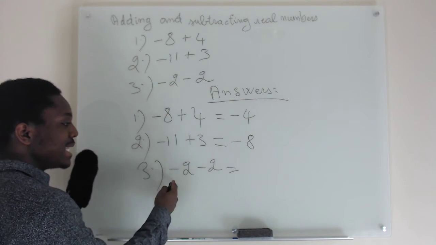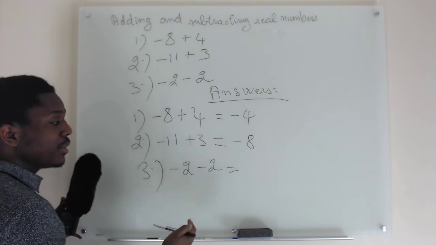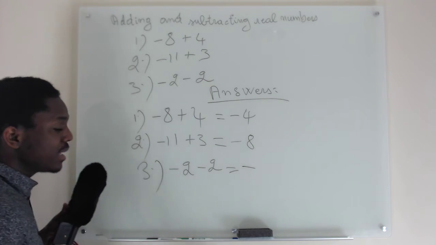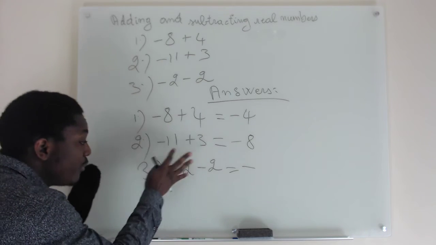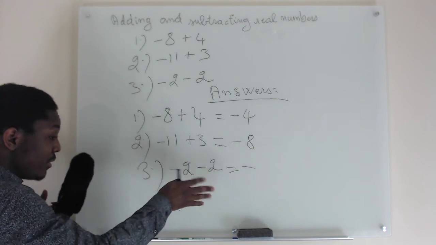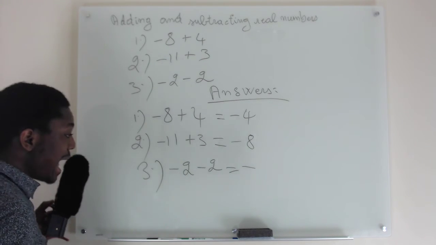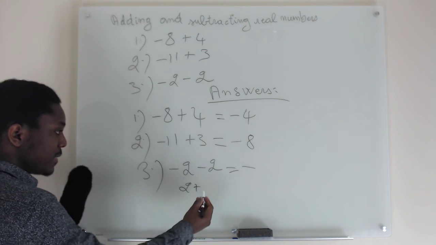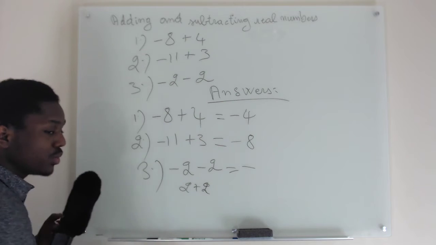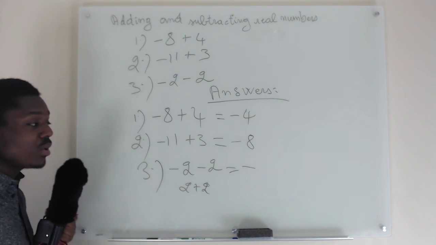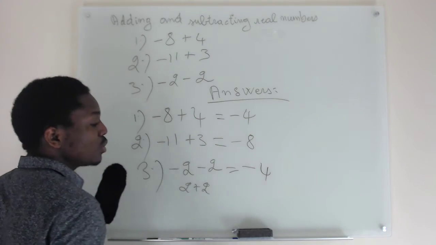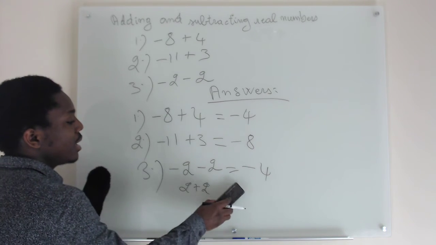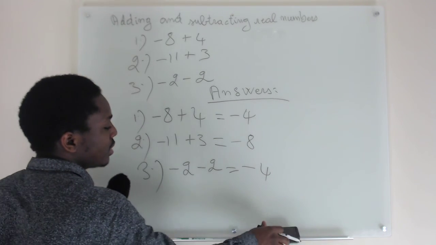The sign is negative, right, for both of them. So we keep the negative sign. Now we forget about the sign of these numbers and we add them. We take the number 2, plus the second number, which is 2. 2 plus 2 is equal to what? 4. So we put the number 4 here and then we erase this.